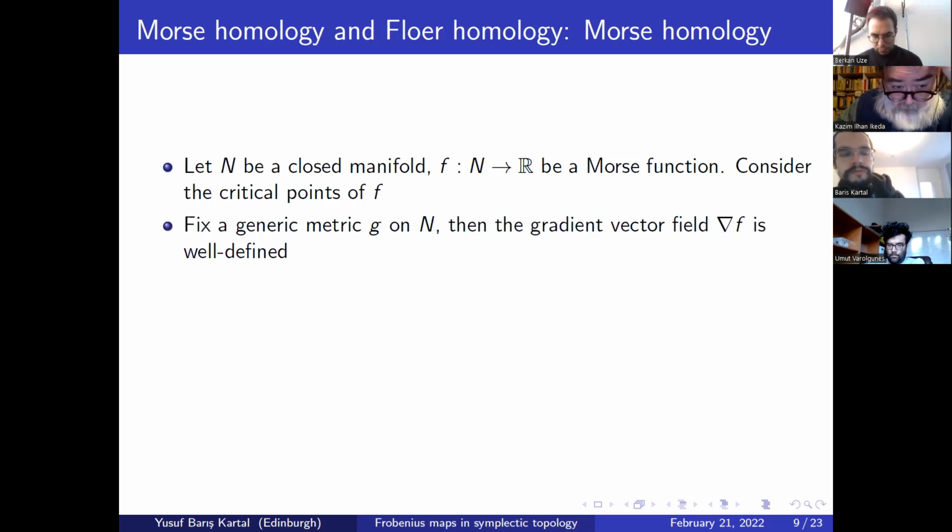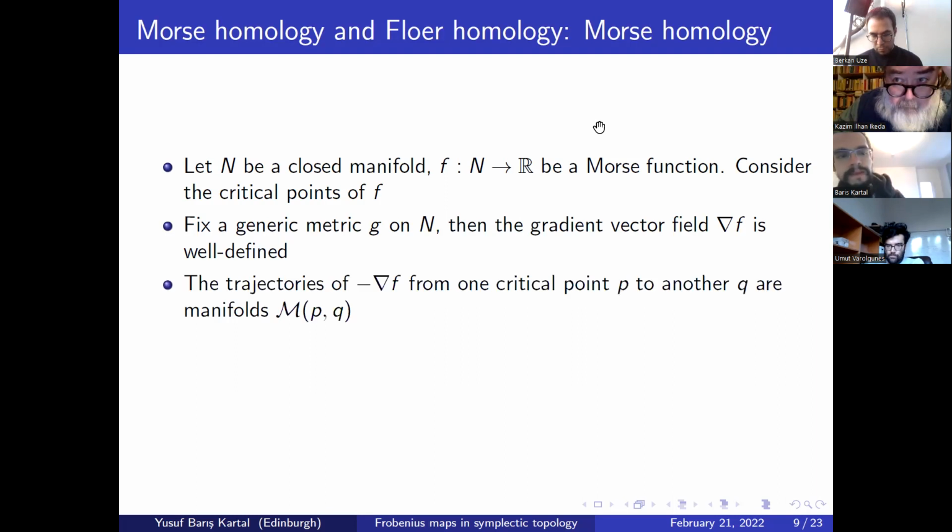For a fixed generic metric on N, you can take the gradient vector field of the Morse function. The zeros of the gradient vector field are the critical points of f. And you consider the trajectories of the negative gradient vector field from one critical point to another. For a generic metric, those form manifolds. I denoted them by M_PQ.